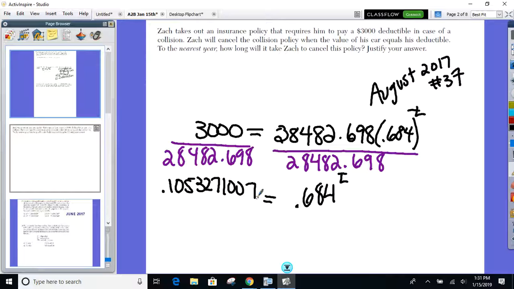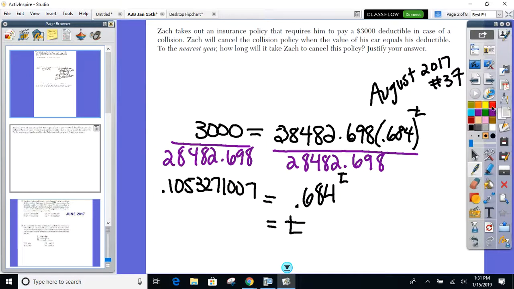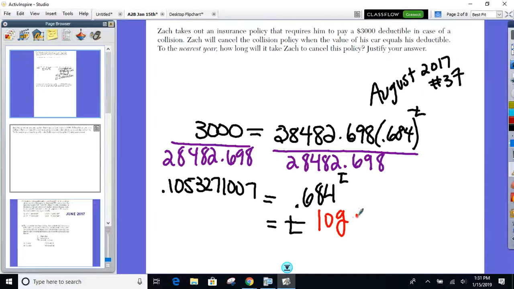I do not like it when the exponent is variable. I like to bring it down, but if I decide to bring it down, what's the rule? Log, not just the number it's with, but the other side as well.